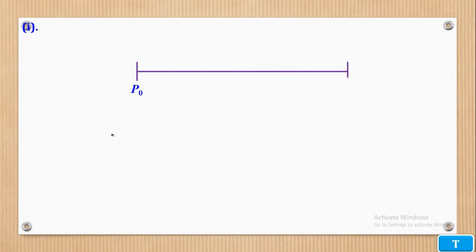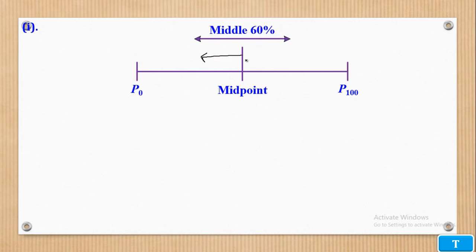That percentile starts from 0, P0, up to P100. Therefore, let this one be the midpoint, and the midpoint will be P50. Therefore, middle 60% means that from here you stretch 30 this side and also 30 this side. So let's put those 30s there.